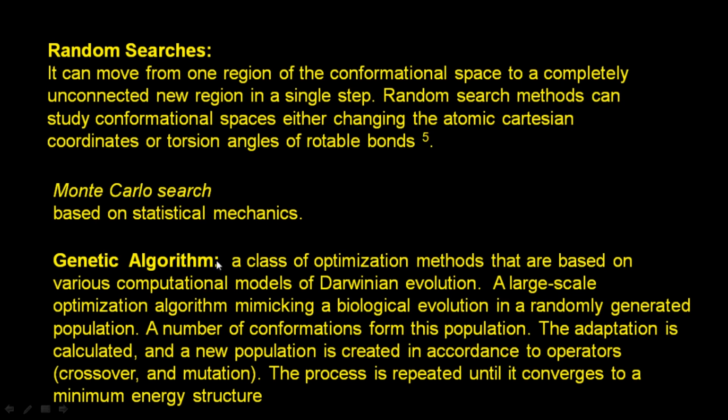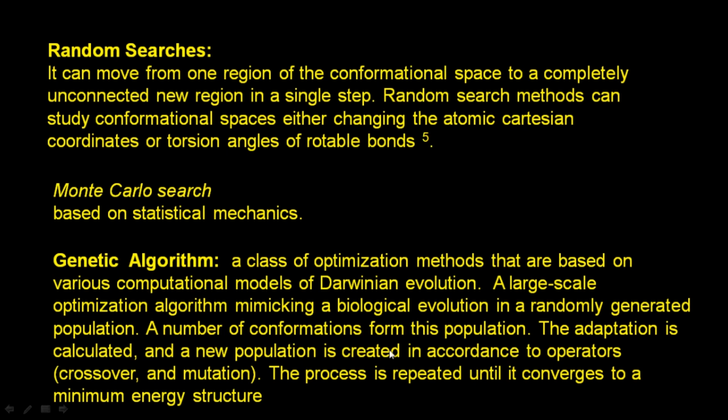Then we have the genetic algorithm, GA, a class of optimization methods that are based on Darwinian evolution. It is a large scale optimization algorithm mimicking biological evolution in a randomly generated population.